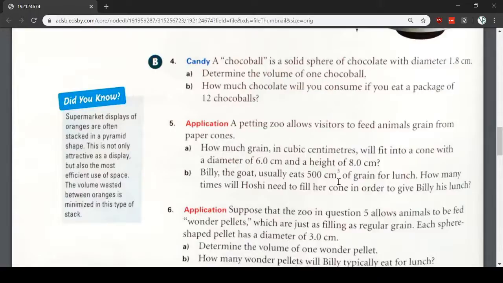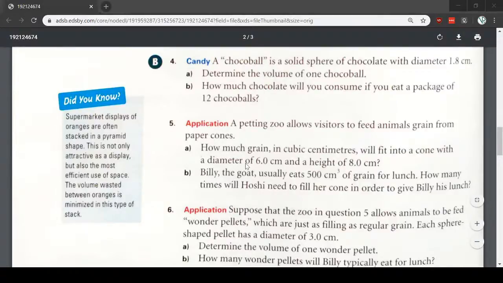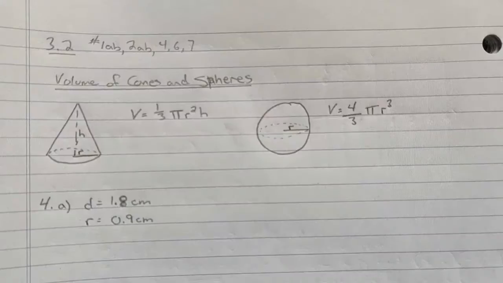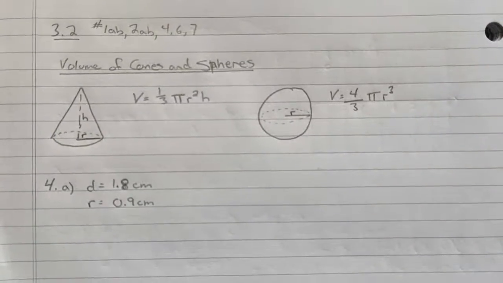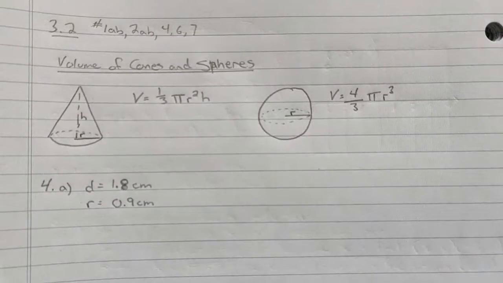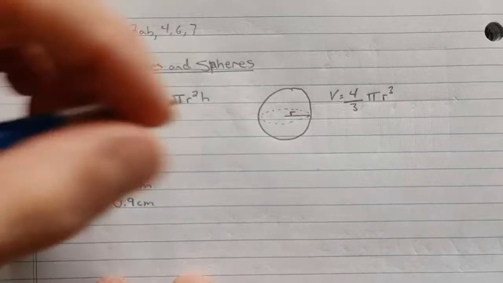Thus, the radius is going to be half of that. So r is going to be 0.9 centimeters. And I should probably switch that back over. Sorry. So there's number 4. 1.8 centimeters is diameter. Radius is 0.9 centimeters.